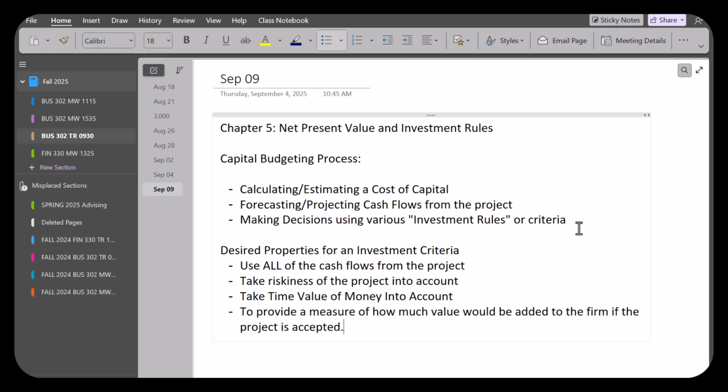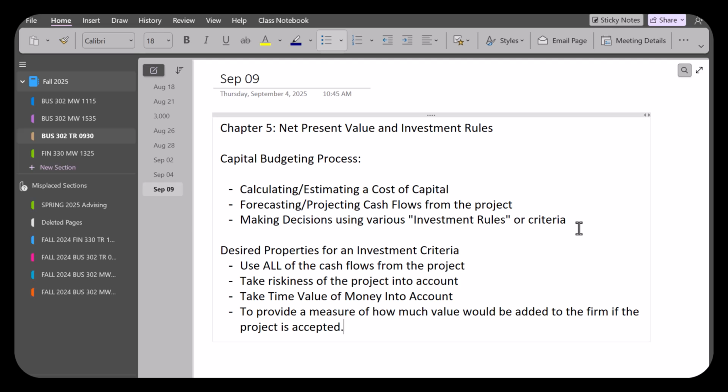These are rather minimal things. I want to use all the inputs. I want to make a distinction between the riskiness. I don't want to treat $100 10 years from now the same as $100 next year. And at the end of the decision, I want to know what sort of value I'm adding to my firm.